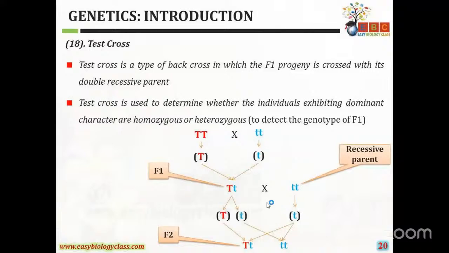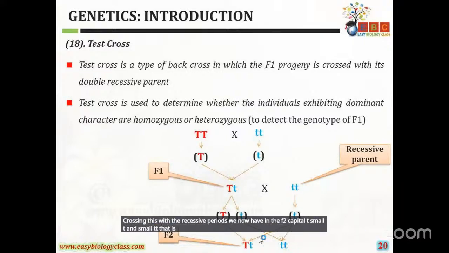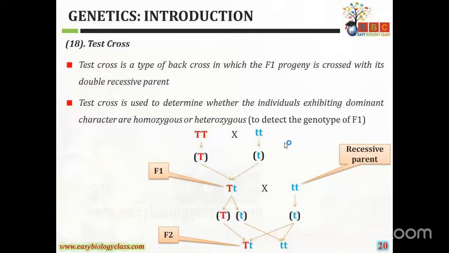So this is a kind of test cross. Crossing this with the recessive parent, we now have in the F2, capital T, small t, and small t. That is ratio 1:1. So when we get this ratio, it is called test cross ratio. Like we can have backcross ratio. So a test cross is a type of backcross.